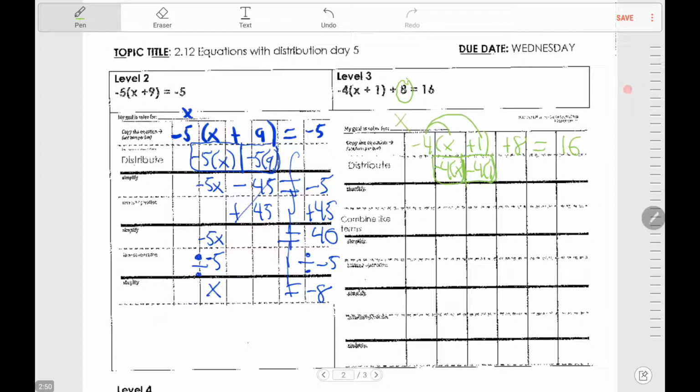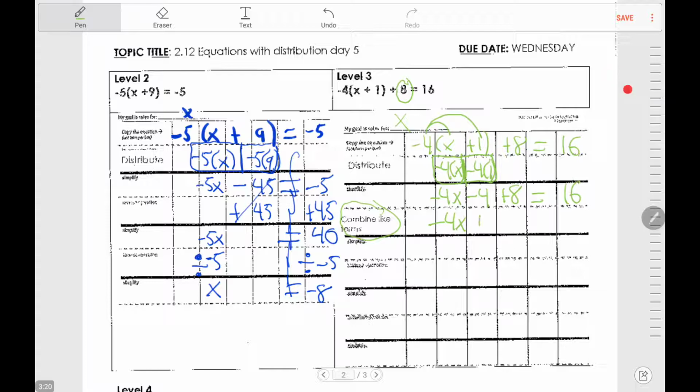What's that give us? -4x minus 4 plus 8 equals 16. And we follow our instructions right there. We're going to combine like terms. So what are the like terms? -4 and +8. So we have -4x. What's -4 plus 8?